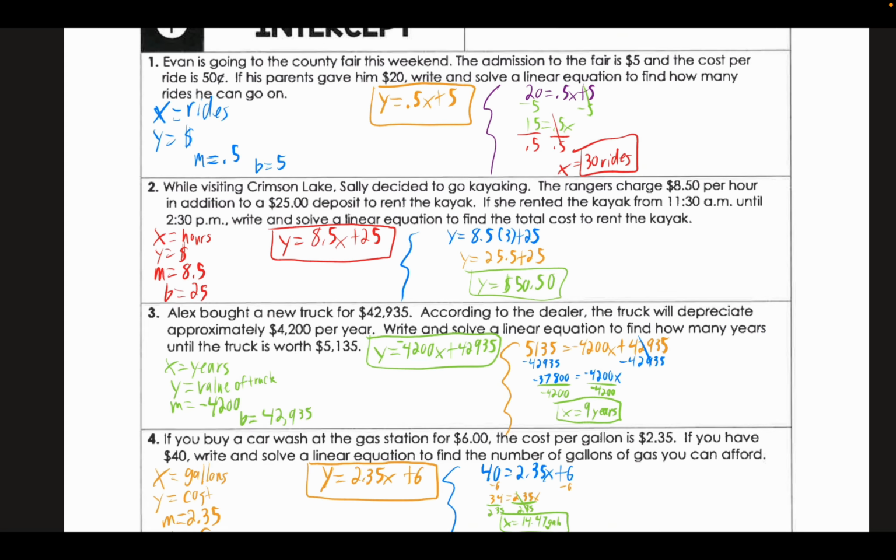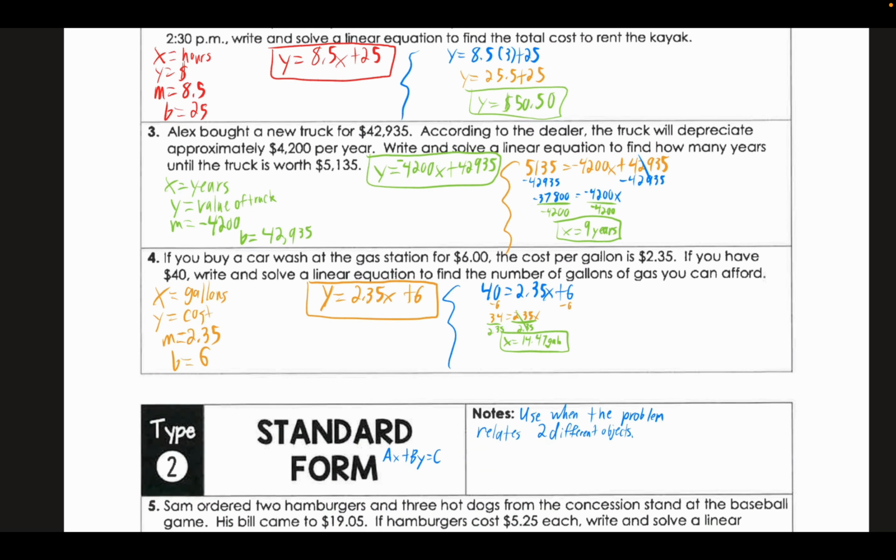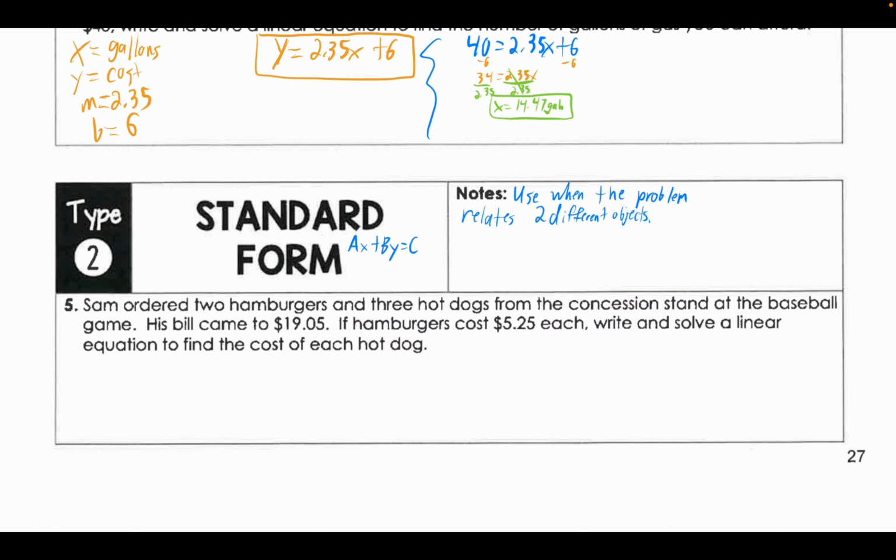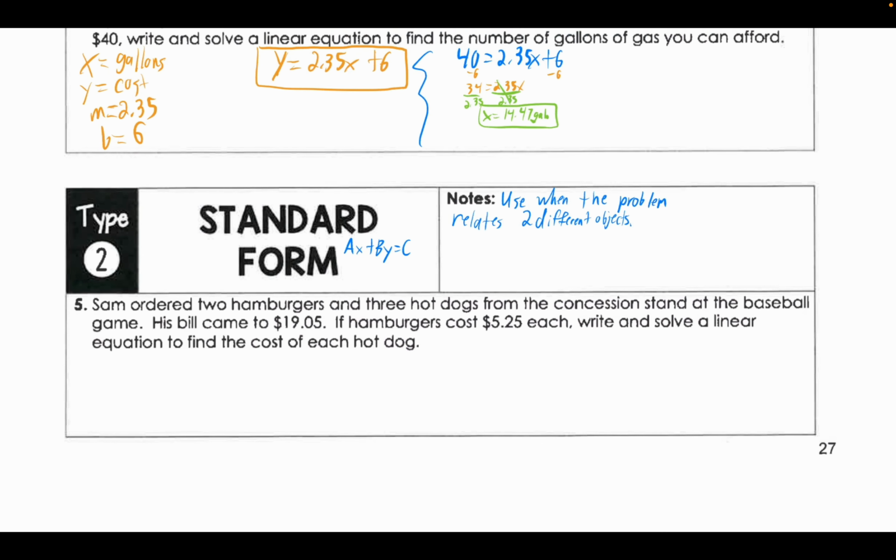But all the others are an amount of time. So here, for example, we're looking at very much so objects. Sam ordered 2 hamburgers and 3 hot dogs from the concession stand at the baseball game. His bill came to $19.05. If the hamburgers cost $5.25 each, write and solve a linear equation to find the cost of the hot dog.